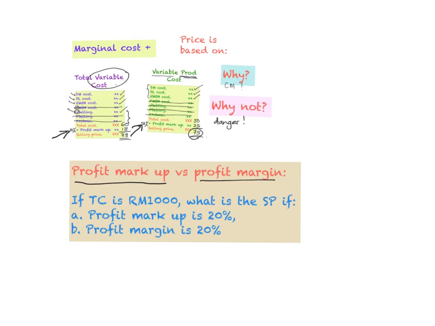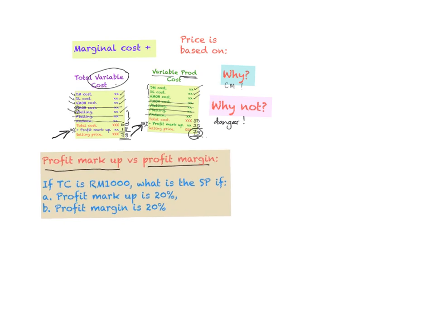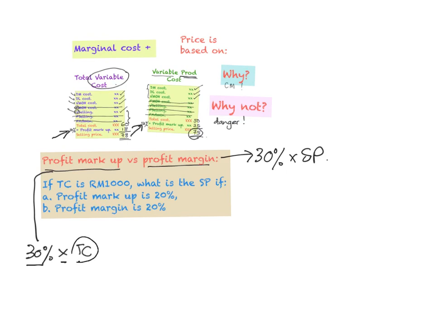When you read the question, please read it really carefully, because there is a different treatment for each of these. When we say profit markup, it means the rate of 30% here will be multiplied by the total cost.